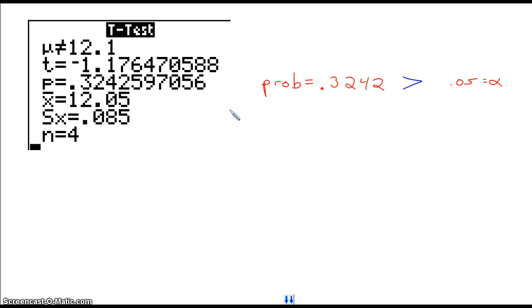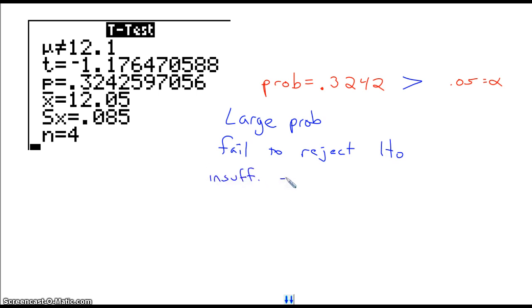So what that means is we get a large probability. In other words, this is pretty common. So we get a large probability. So what we're going to do is we're going to fail to reject Ho. Or we can also say there's insufficient evidence to accept Ha.